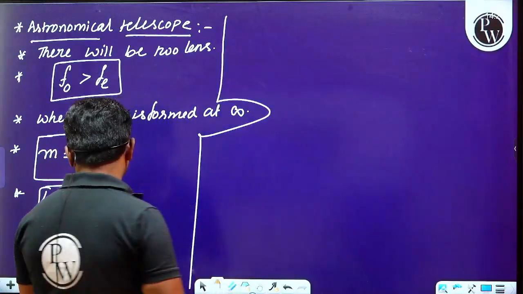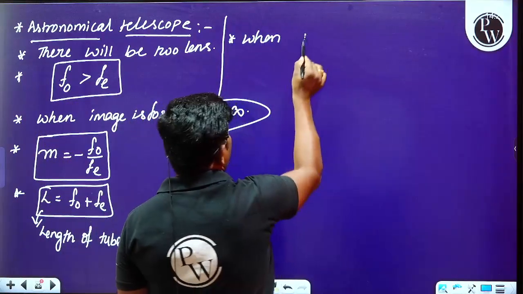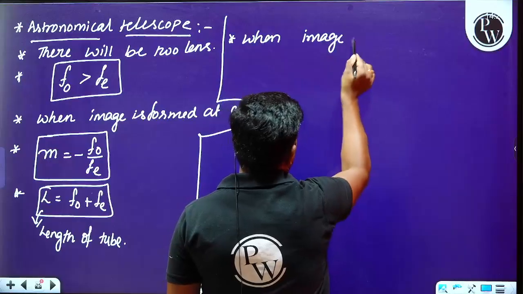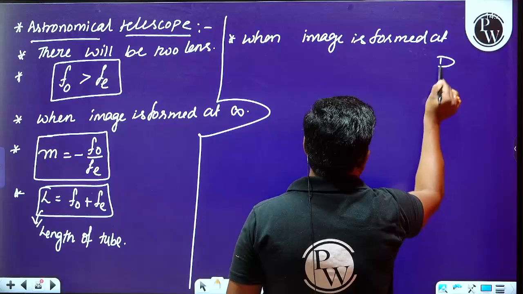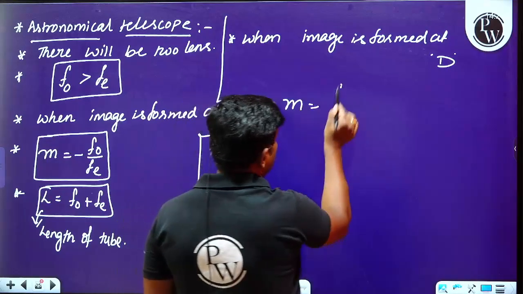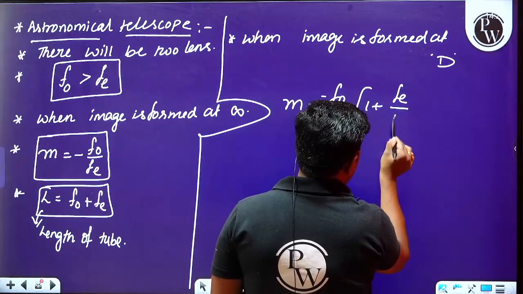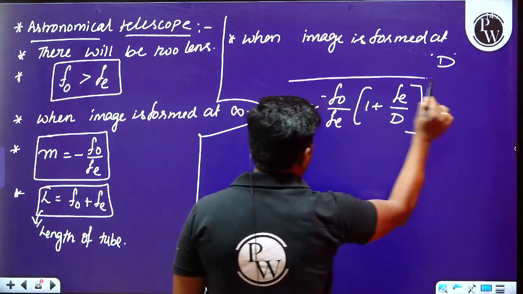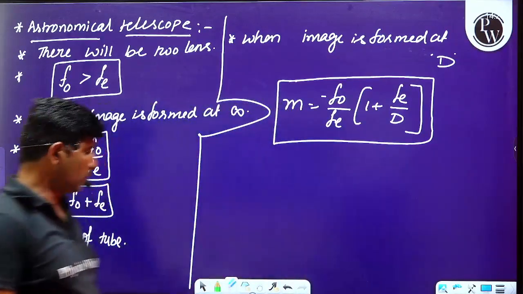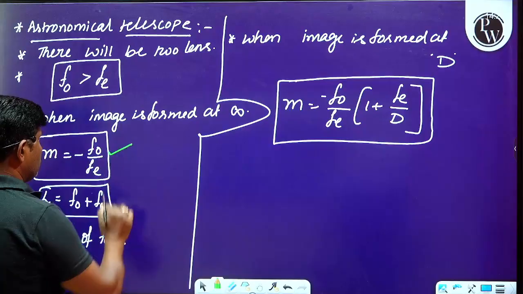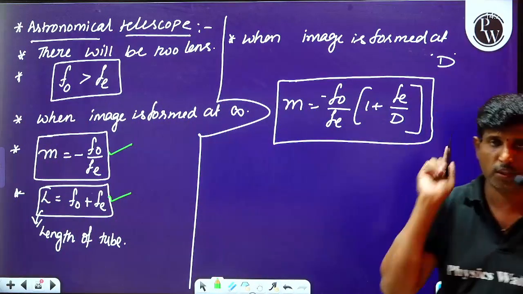Suppose the image is formed at the least distance of distinct vision, then the magnification is equal to FO by FE into 1 plus FE divided by capital D. But to the maximum extent, the questions will be asked from these two relations with respect to the telescope.